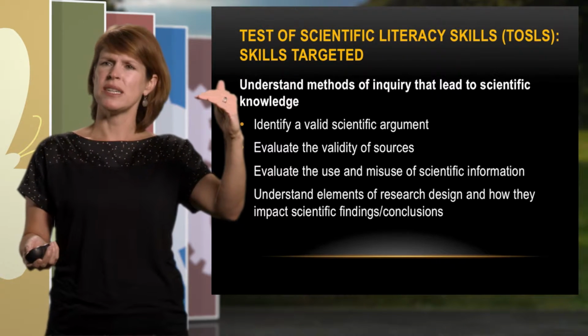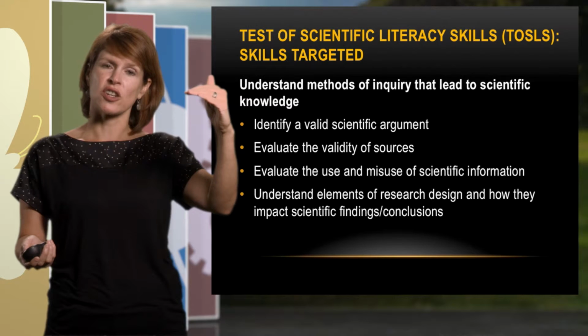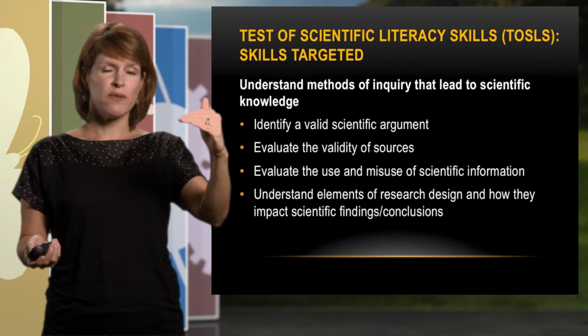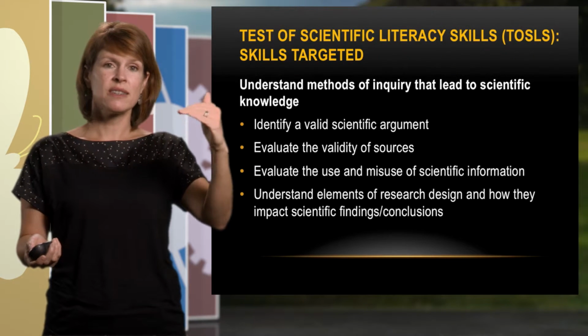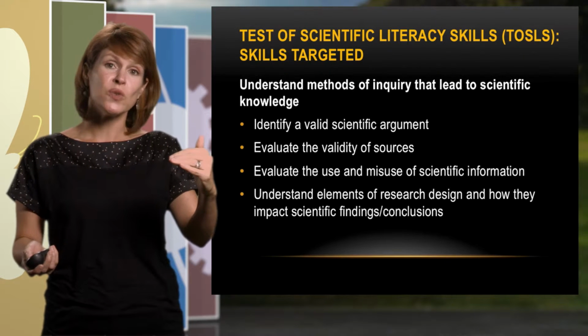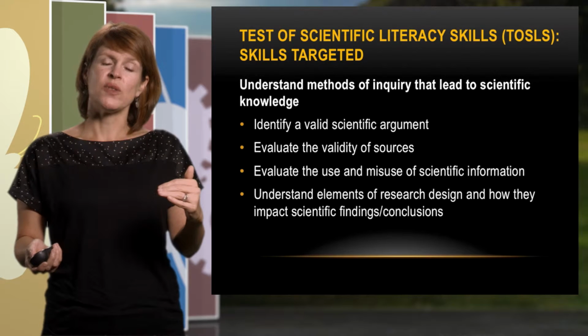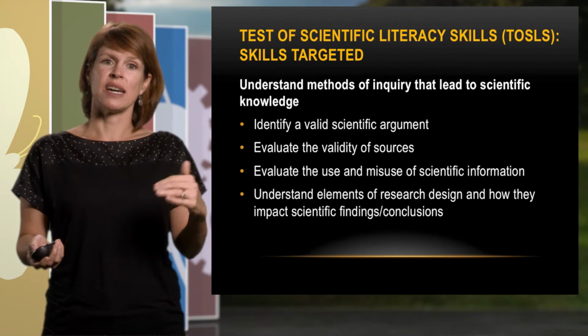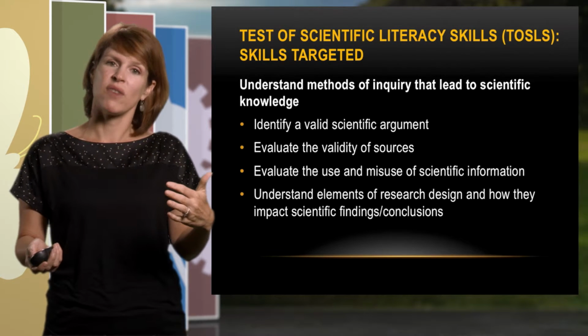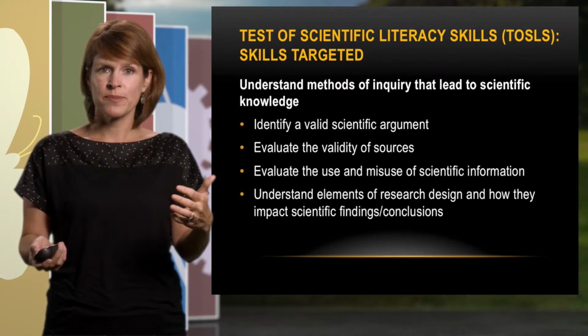So students' ability to identify a valid scientific argument, their ability to evaluate the validity of sources, their ability to evaluate the use and misuse of scientific information, and their ability to understand elements of research design and how they impact scientific findings or conclusions.